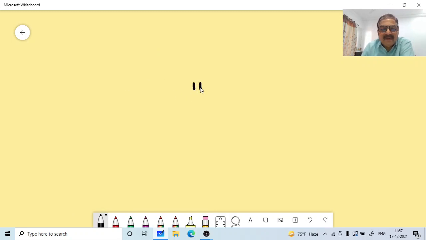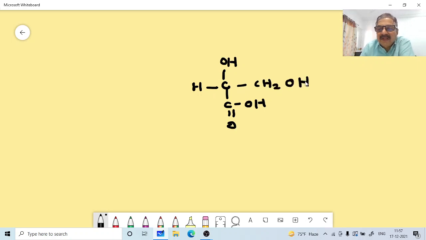So, carbon, a COH group here. Okay. Here, how will you assign the priorities? Here we have this central carbon atom.